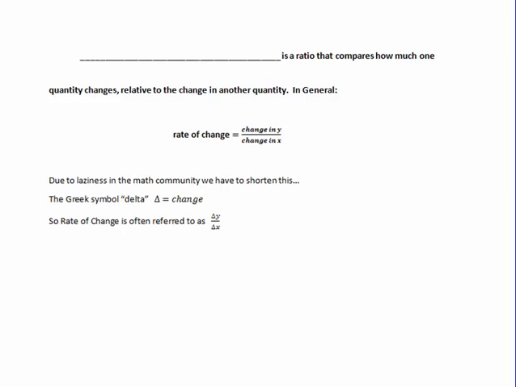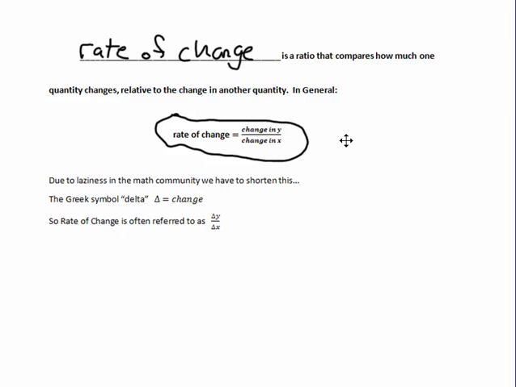All right, we have the Chapter 2.3 guided notes, all about rates of change and slope. The rate of change is a ratio that compares how much one quantity changes relative to the change in another quantity. In general, the rate of change is the change in y over the change in x.